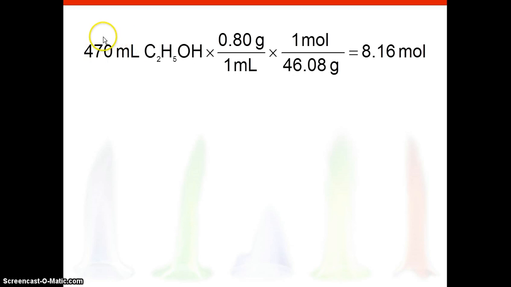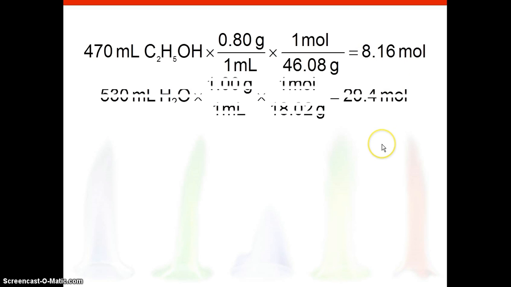We have 470 milliliter of ethyl alcohol, multiply by its density 0.80 grams per milliliter. We convert into grams, and then we divide by the formula weight of ethyl alcohol, which is 46.08 grams. We get the moles of ethyl alcohol.